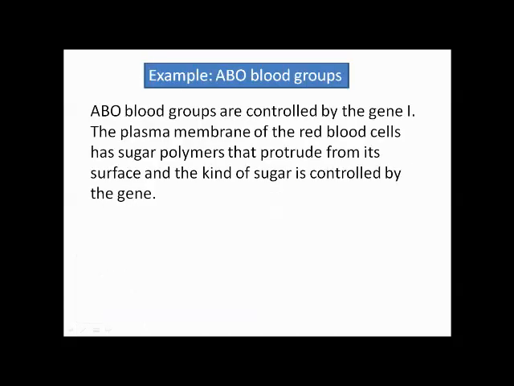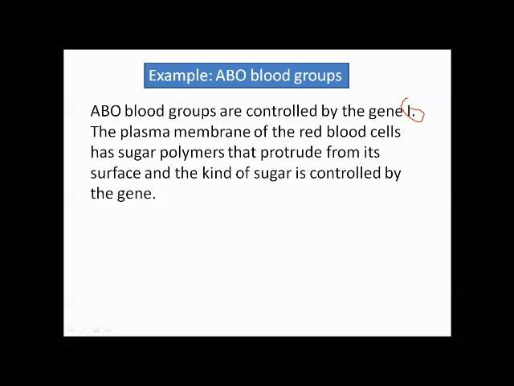So let us look at how this works. The ABO blood group is controlled by the gene I, and this gene I controls the blood group in human RBCs.